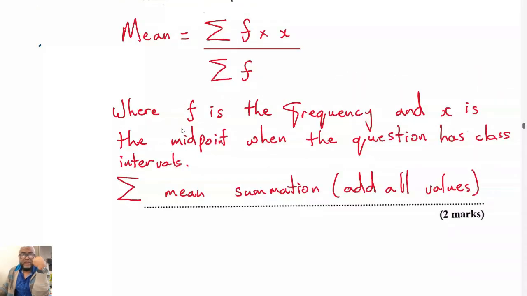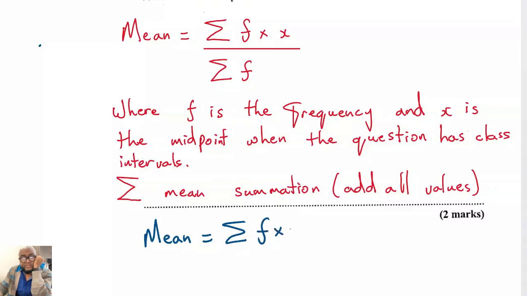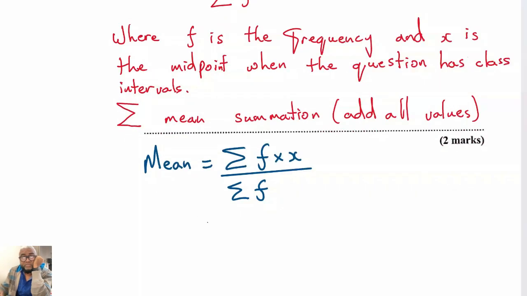Right, so let's work. We're going to find our mean, right? So mean is equal to, writing it again, summation of F multiplied by X divided by the summation of F. Write the formula over and over, please, guys.